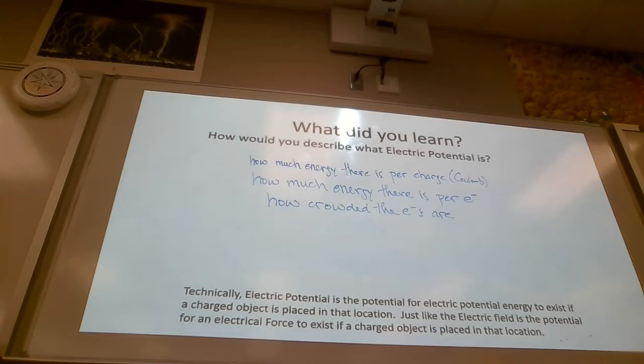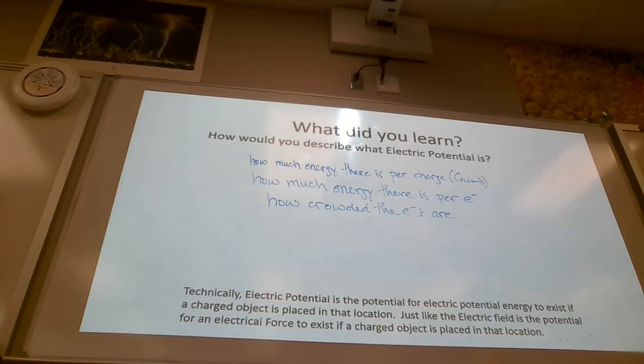Okay, so technically, this would be a better description conceptually of electric potential, but I'm not gonna camp here. This would be helpful for college. You know the relationship between how electric field is the promise of an electric force?